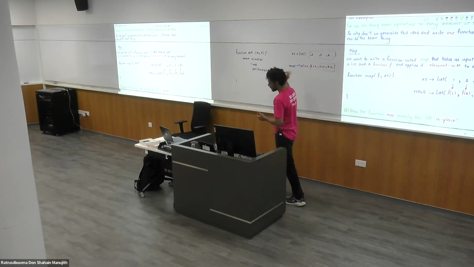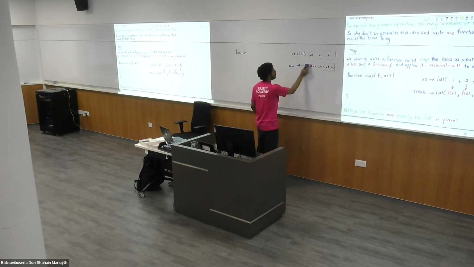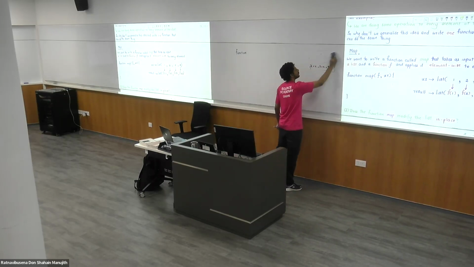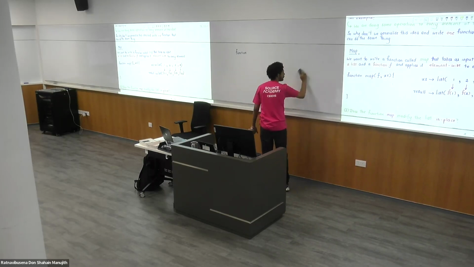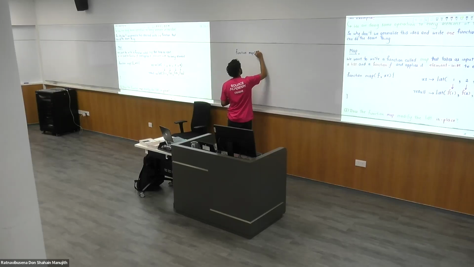Okay. So I'll erase this because this is pretty easy. So function map. Nothing happens, then we close, right?